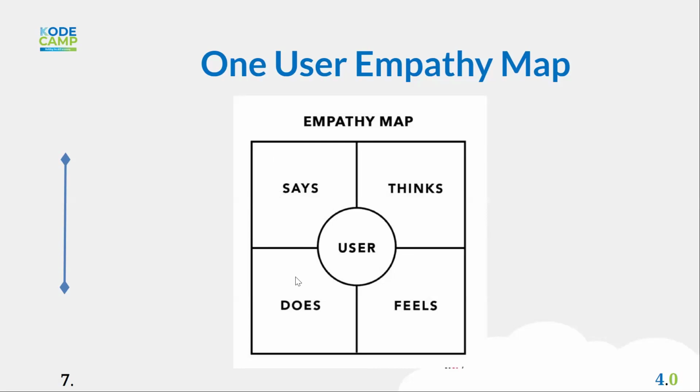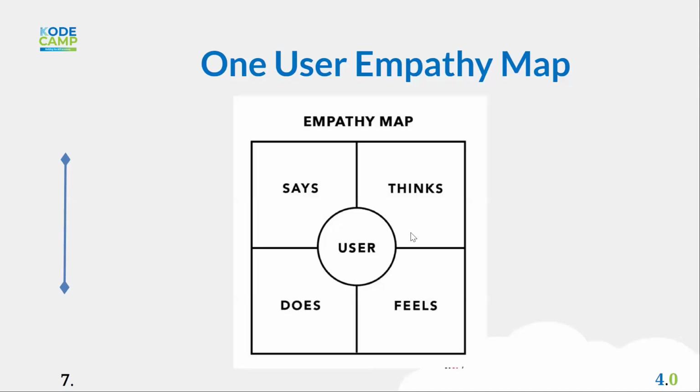On the Does quadrant, this is where you record the actions and behaviors your users share in their response, or even physical actions during your interview. Still focusing on a food delivery app, your user might say he or she orders food, especially when home alone. So you can write that in your Does square.